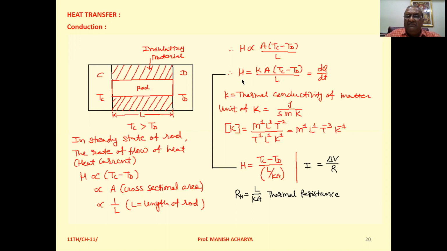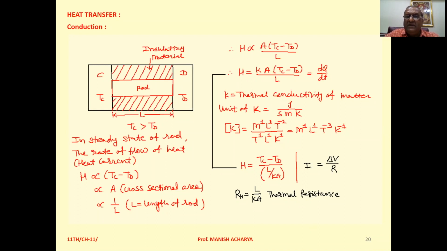Now here we derived the equation for the rate of flow of heat, or heat current, through the rod. Clear to all of you? Now see, thermal conductivities of different materials are given in the text in table number 11.6.